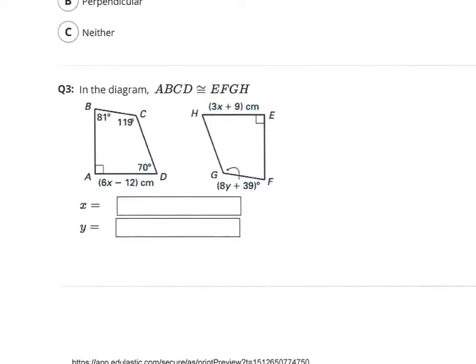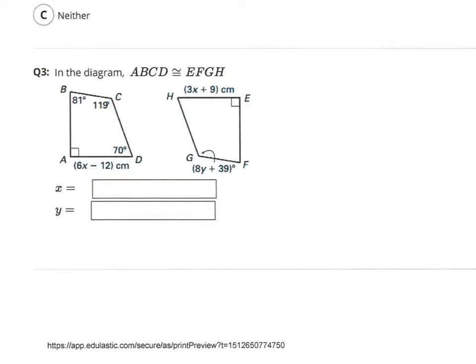Scrolling down to number 3, we need to solve for x and y. Keep in mind here that this side right here, the 3x plus 9, corresponds with AD, which is 6x minus 12. So you simply set those two equal to each other. We want to go 3x plus 9 is equal to 6x minus 12, and solve.